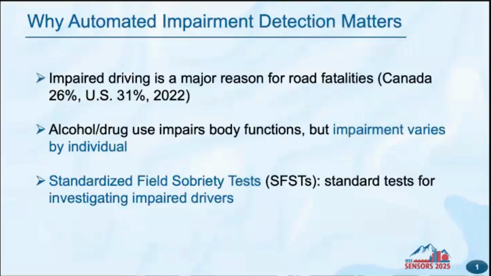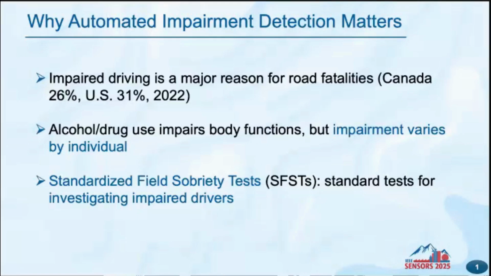In 2022, around 31% of fatal crashes in the US and 26% in Canada were due to impaired drivers. Impaired driving is really important in the literature, in other studies, and in worldwide scenarios.